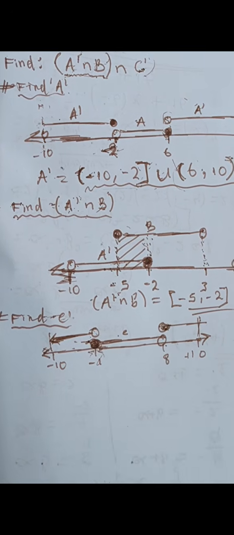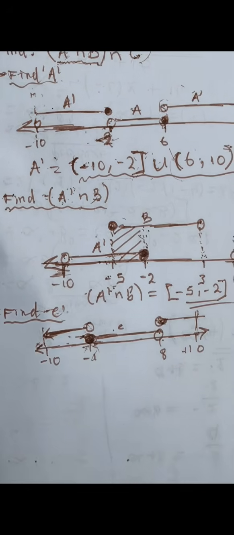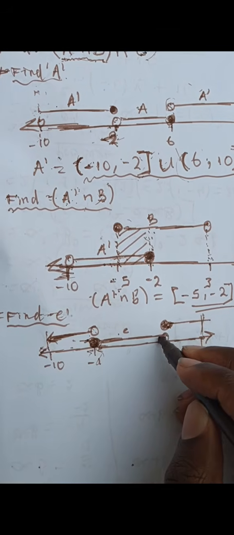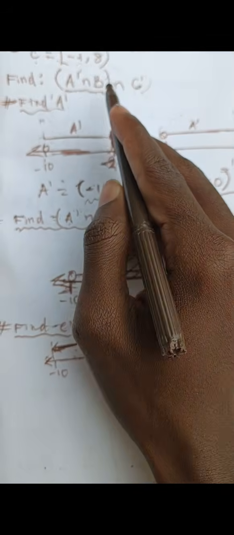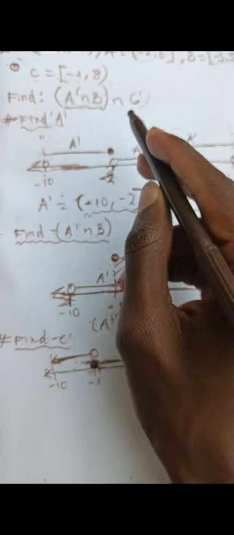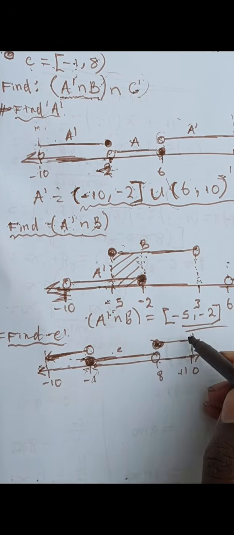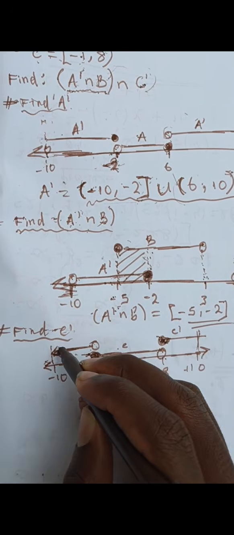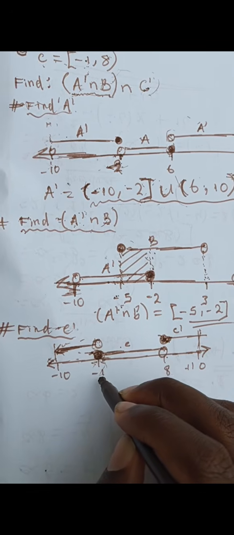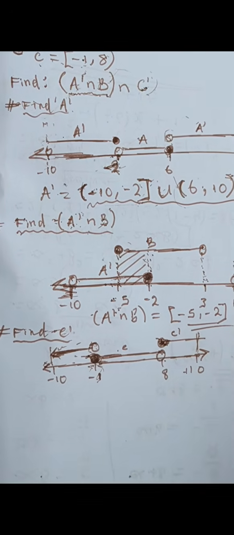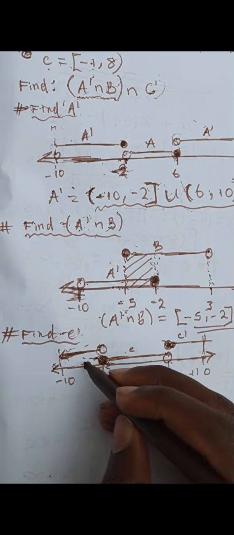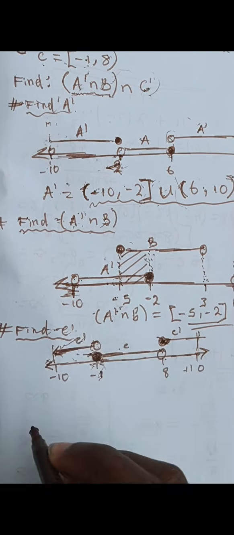Do you know why? Because 8 is going to be part of the C complement. Why? Because by using this symbol on C, they are saying 8 is not part of C, and that's what we are looking for. So we have C complement this side, and this one we won't shade it because -1 is part of C, and we want those things which are not part of C.